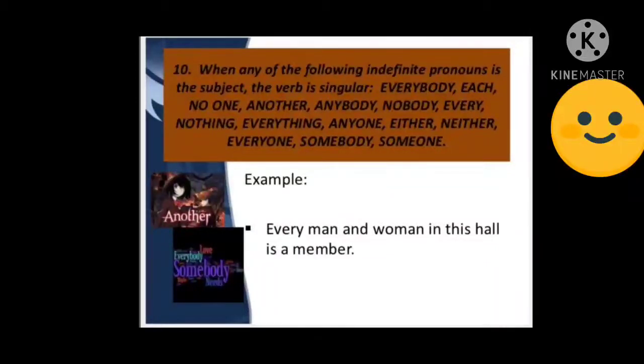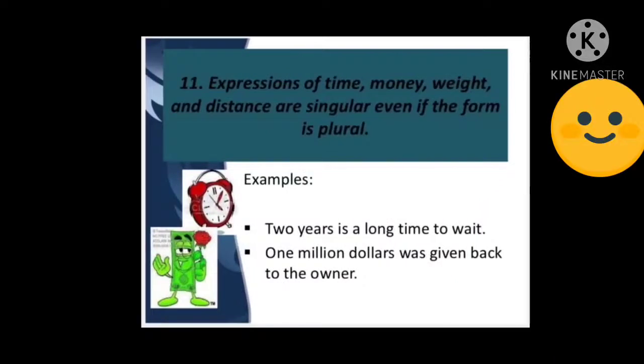If a sentence begins with any of these indefinite pronouns, then we usually go with a singular verb. Let us see the 11th rule. Expressions of time, money, wage and distance are singular even if the form is plural.